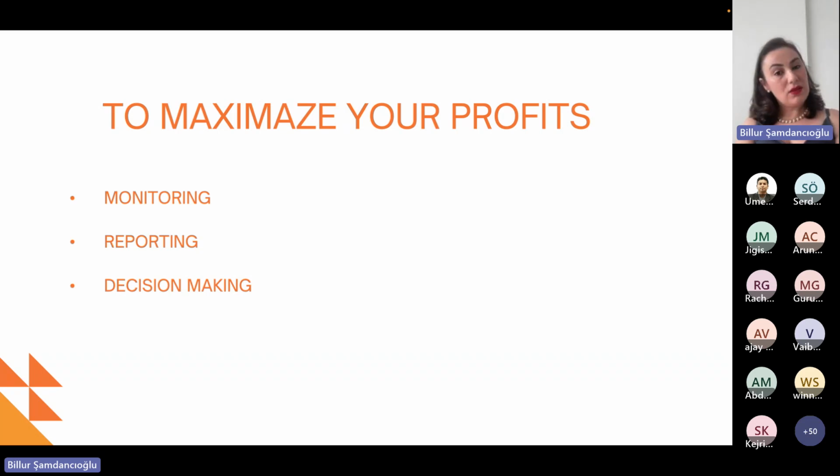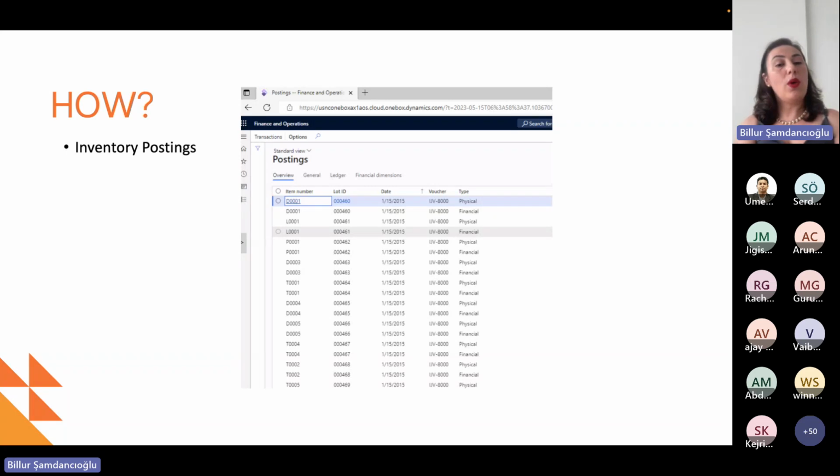But decision making is also very important, because when I go to companies, even if they are making a loss on an item, they might decide from a different perspective to still produce that item, or purchase and sell that item as well. So how are we going to do the reporting?